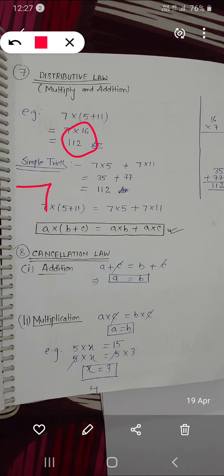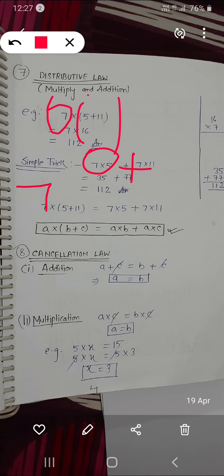Now there is a simple trick for solving this. If 7 is multiplied with 5 and 11, we can also multiply 7 with 5 and with 11 separately, like this. 7 into 5, and in between the numbers we have the sign of plus, so we will write plus.